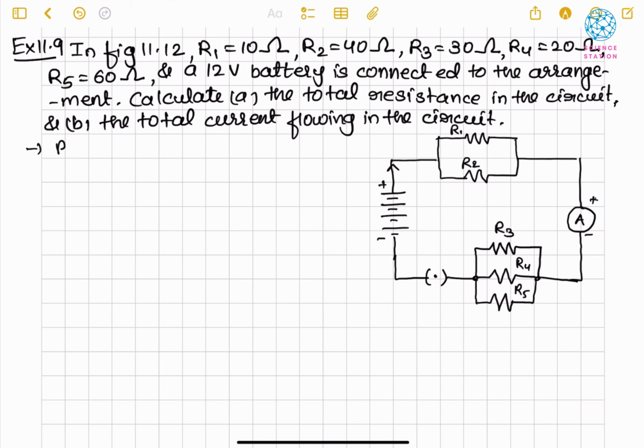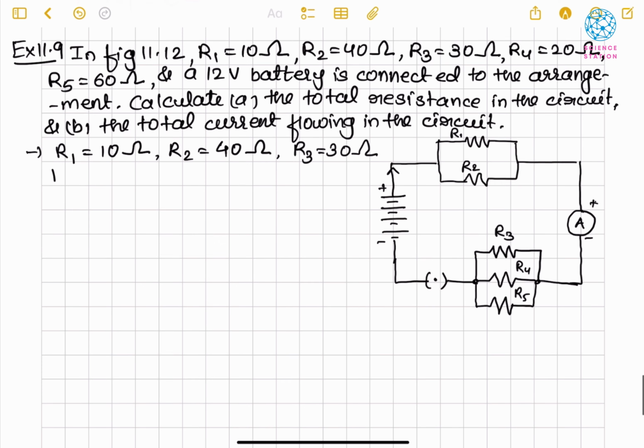So let us first write all the things which are given. R1 is 10 ohm, R2 is given as 40 ohm, R3 equal to 30 ohm, R4 is 20 ohm, R5 is 60 ohm and voltage is 12 volt.